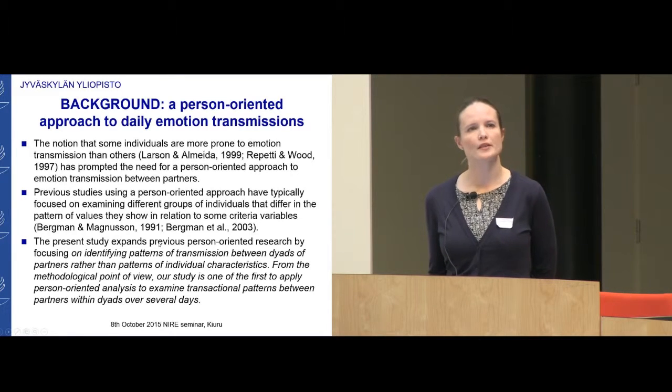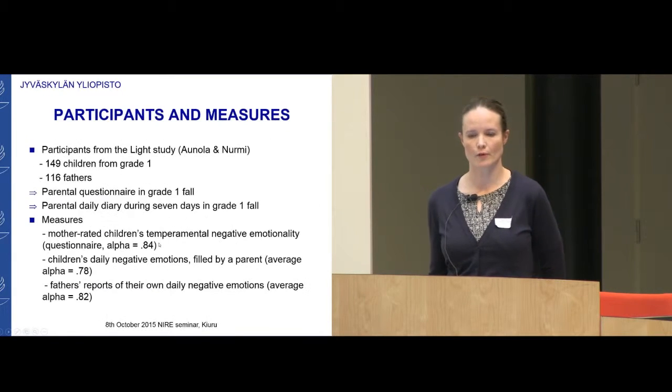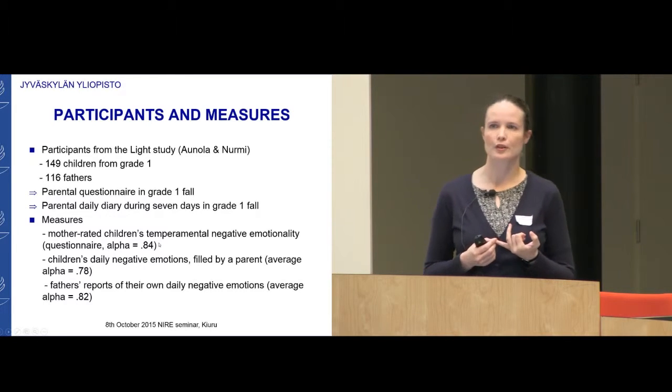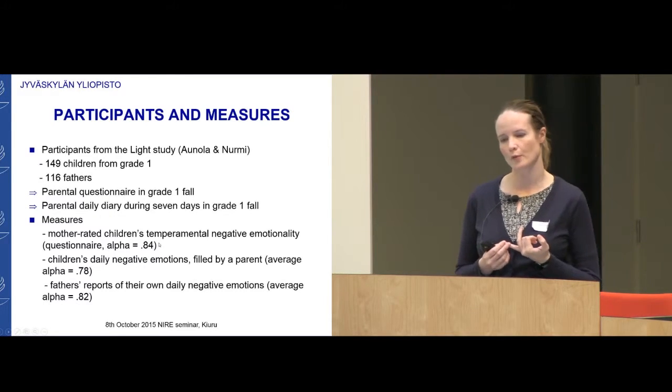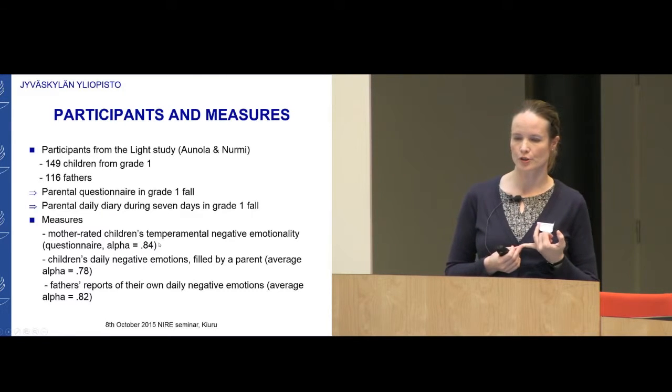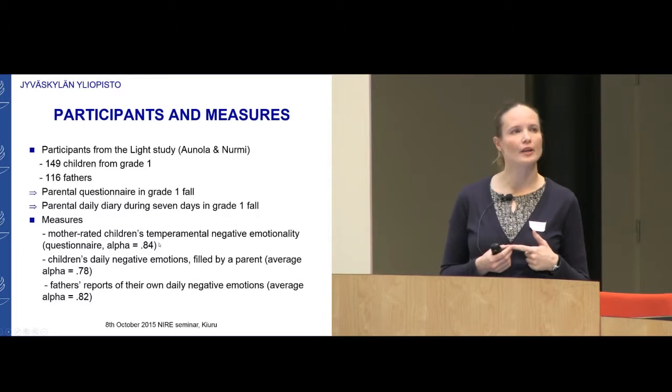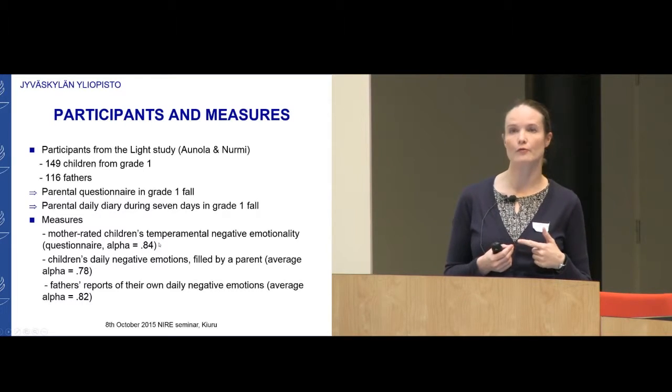And participants in this study were from the LIGHT study, 149 children from grade 1 and their fathers. And there was a parental questionnaire in first grade fall, and also there was a parental daily diary during 7 days in first grade fall.